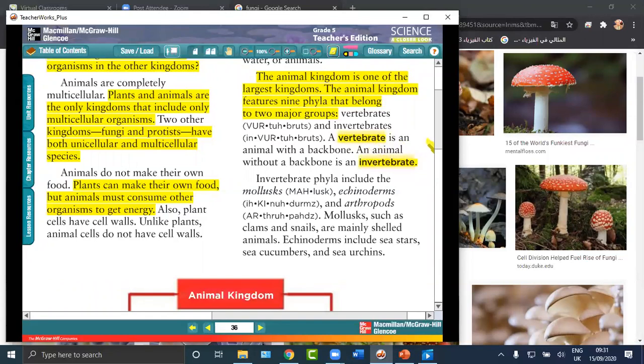Okay, here we have to distinguish between vertebrate and invertebrate. Vertebrates have backbones. Invertebrates are without backbones. If I ask you, what is the difference between vertebrate and invertebrate? Only vertebrates have a backbone. Who can give me an example?